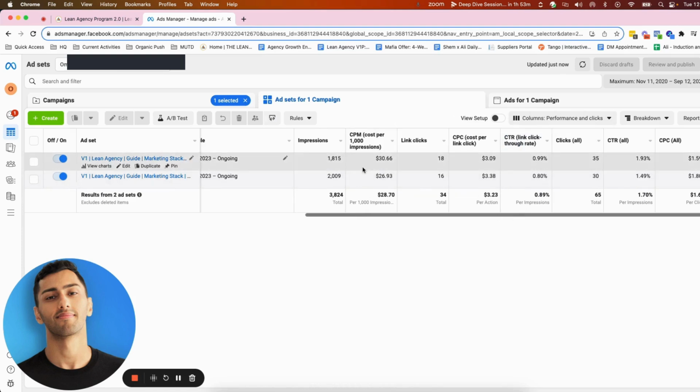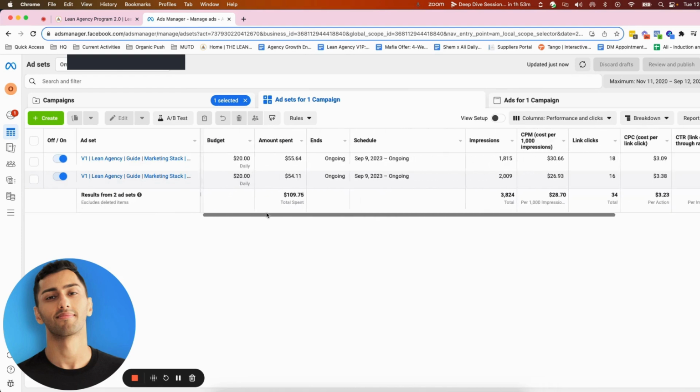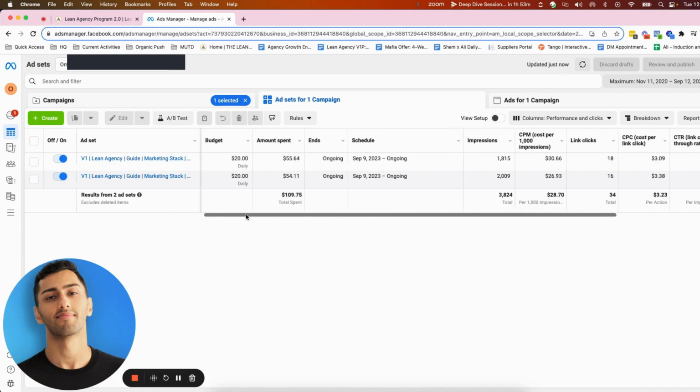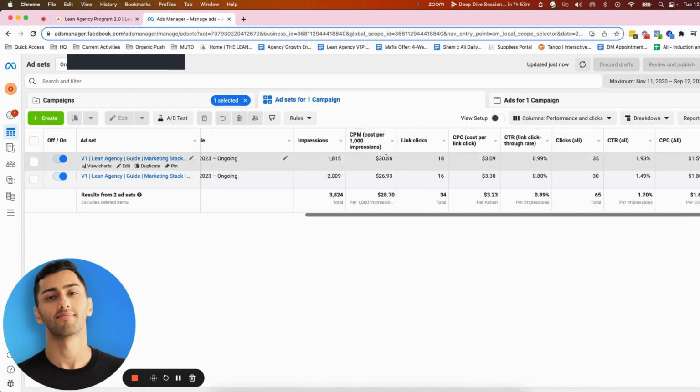These are the 4 metrics that I look at beside the main CPL and number of leads, okay, to assess the well-being of my ads. Okay, so here when I look at it, obviously I have some benchmark which I'm going to run you through. I can get an idea of what needs to be optimized, what might be the bottleneck.